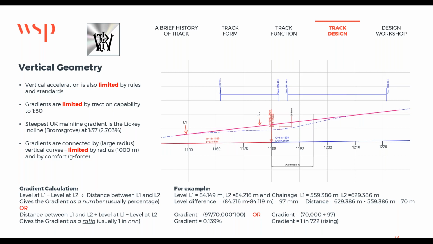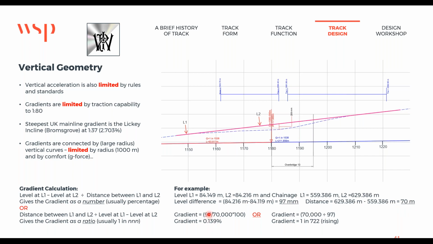So how do we calculate gradients? It's dead simple. The level at L1 and the level at L2, and the distance between the two gives the gradient as a number. If you take the level difference divided by the length difference, or take the distance divided by the level and give the gradient as a ratio. There's an example. L1 84, so on, changes that, gives you level difference of 97 millimeters, distance of 70 meters.